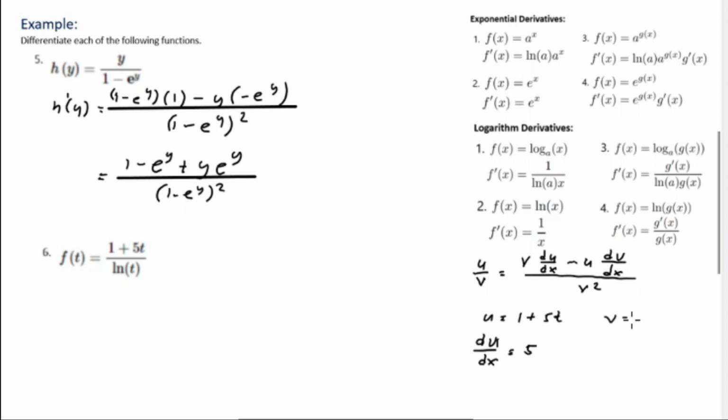V, and the denominator is ln of t, and the derivative of dv over dx, ln of t, based on logarithm derivatives, is equivalent to 1 over x or 1 over t.